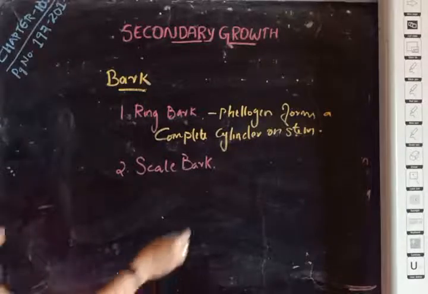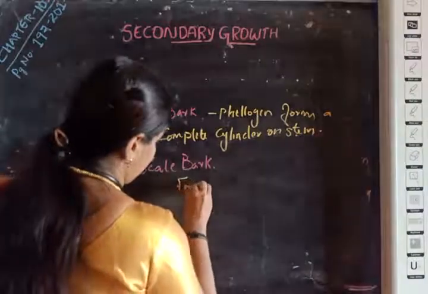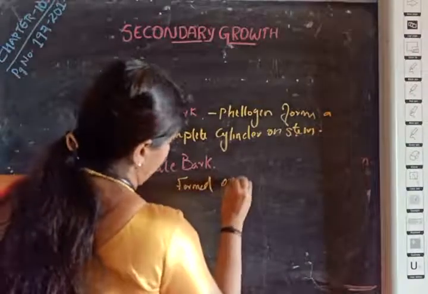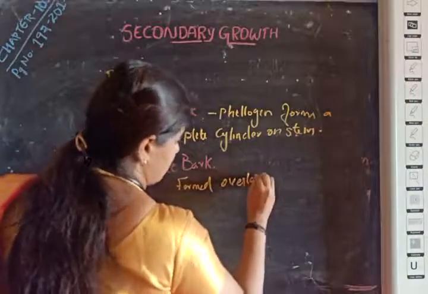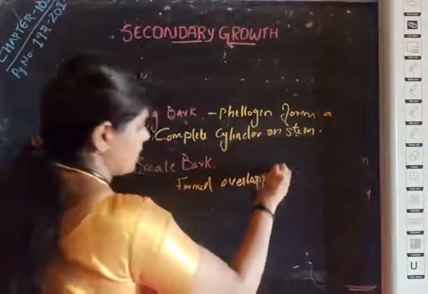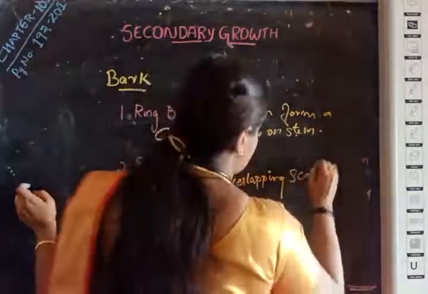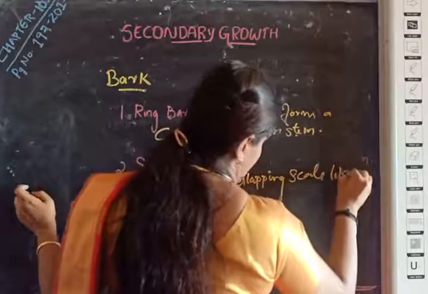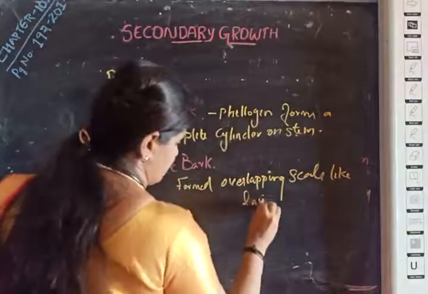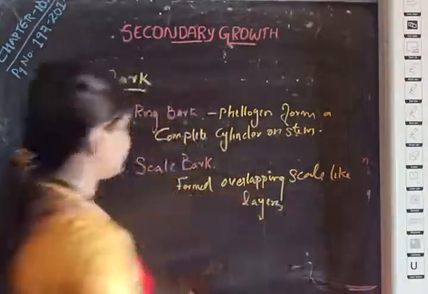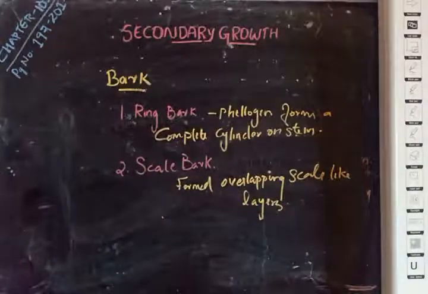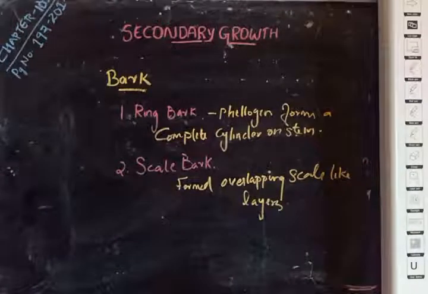So ring bark is where the phellogen forms a complete cylinder around the stem, whereas scale bark is formed by overlapping scale-like layers.